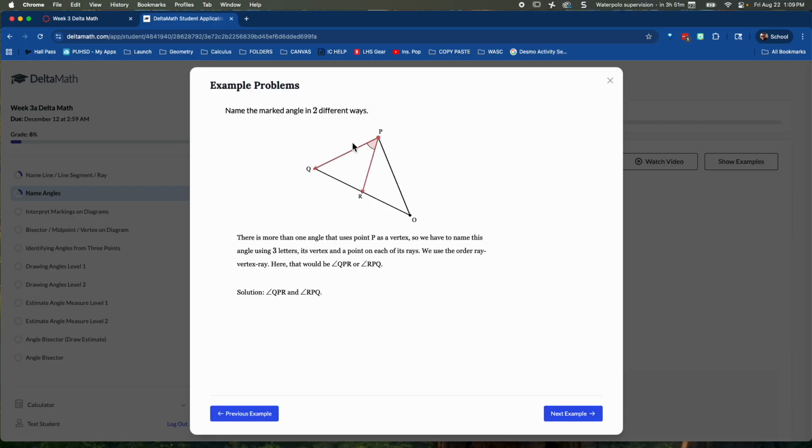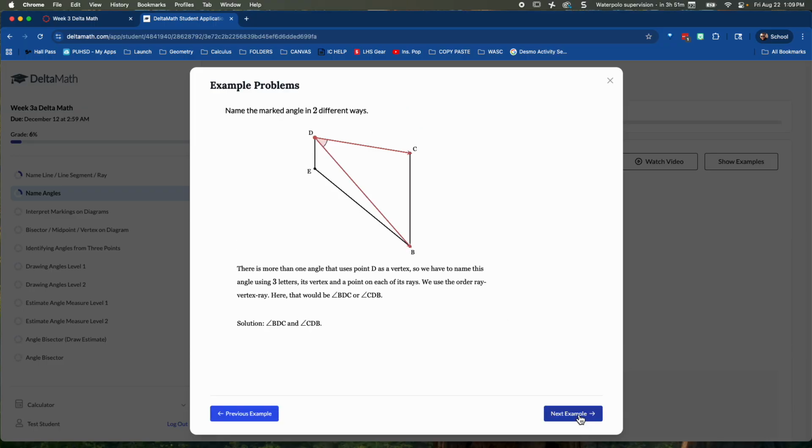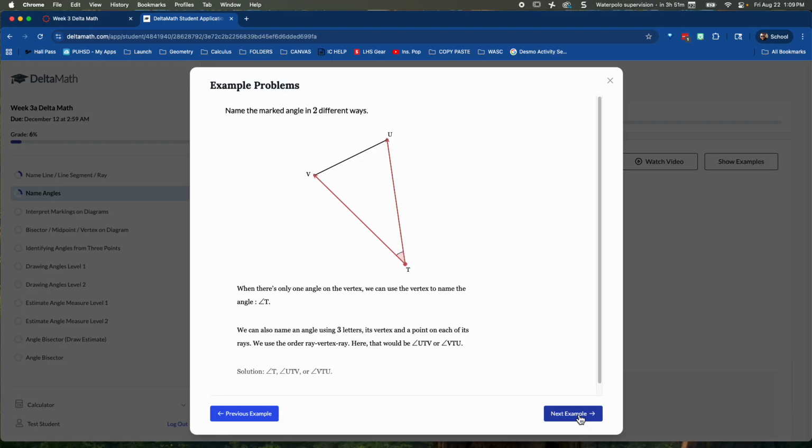Yeah, we're focusing on the 3-letter method for naming angles. Oh, this one has 3 different versions. Here's one possibility: you could have VTU, where the T is in the middle, but it goes to V and to U. Or you could have UTV, where T is in the middle, but it goes out to U and V.